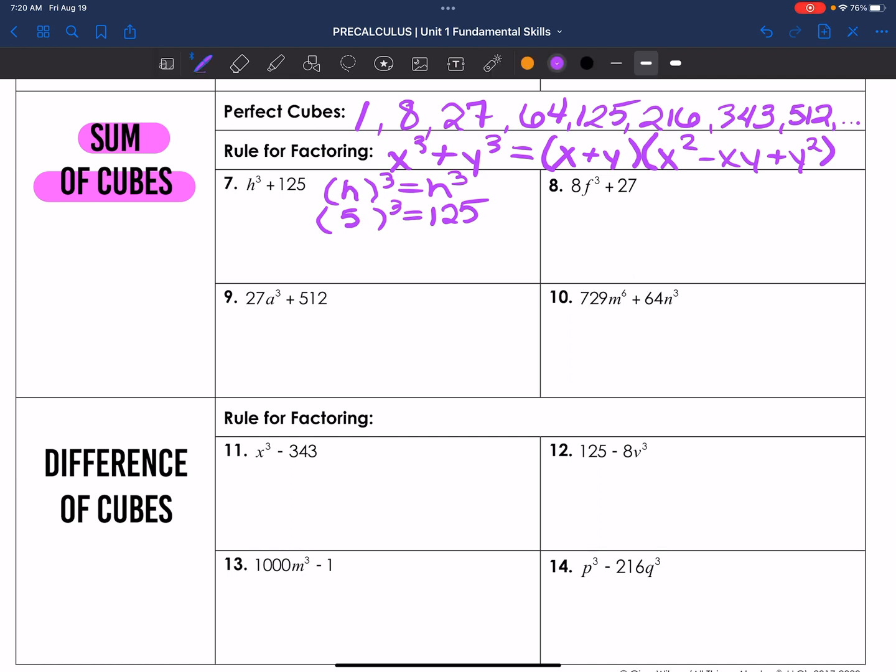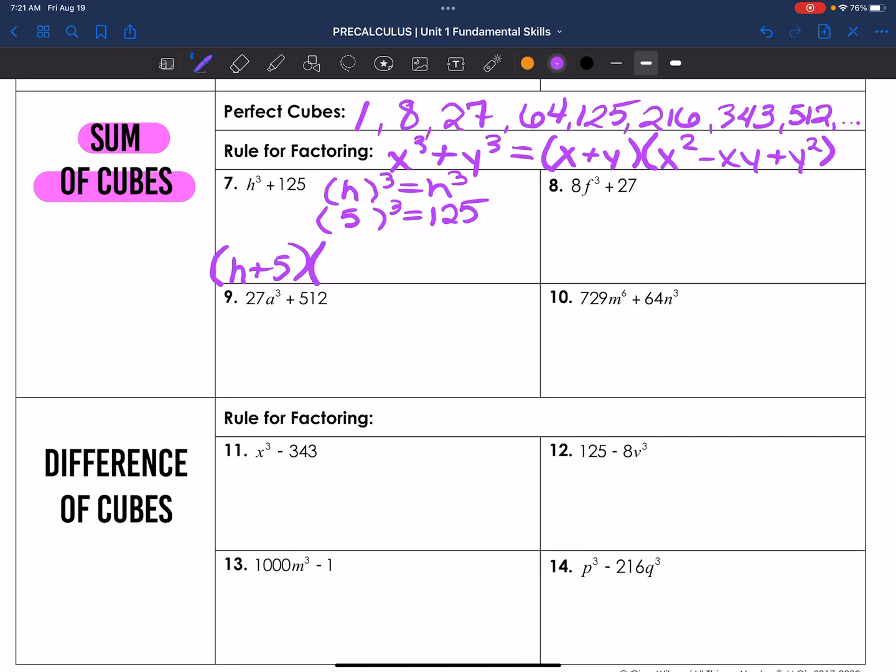So when we write it all factored out, you're going to take that cube root, or what cubed is h cubed? h. And what cubed is 125? That's going to be the plus 5. Notice this looks just like what we saw here. Same format.